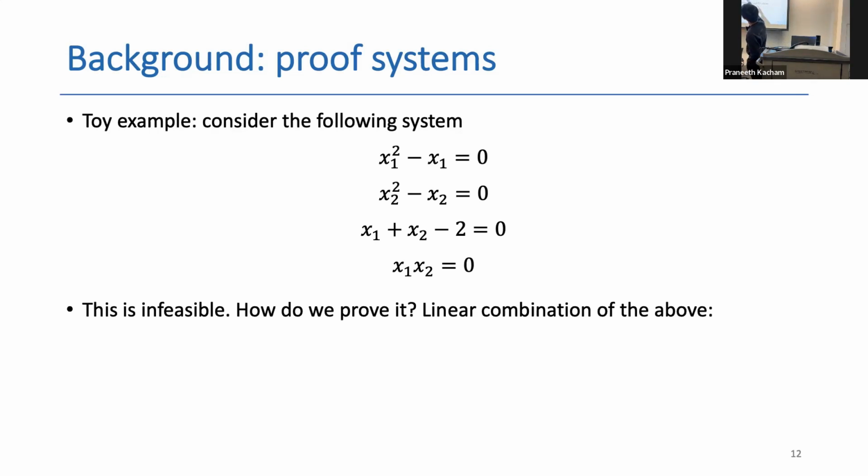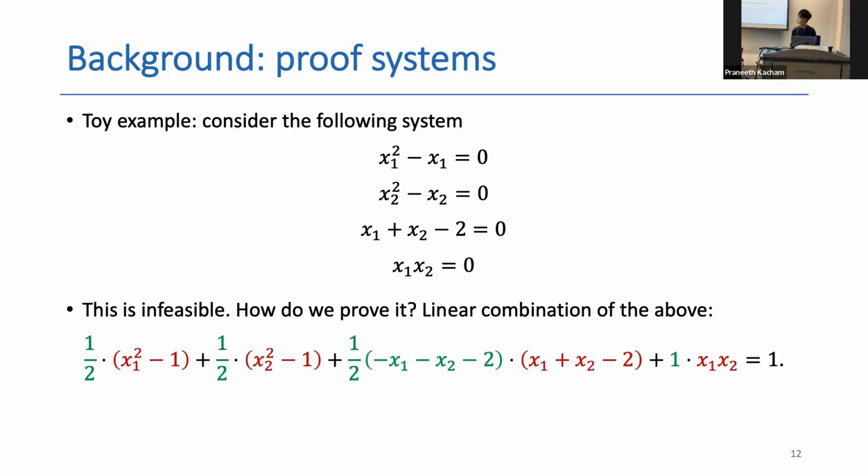We can say x1 and x2 have to be 0 or 1. Basically, the first three equations tell you that they both have to be 1, but the fourth equation cannot be satisfied. But is there a way to algebraically prove that it's infeasible? Here's a way. We can consider linear combinations of the above equations.